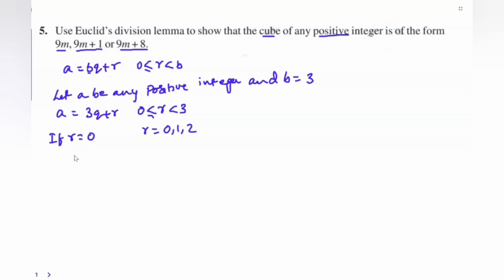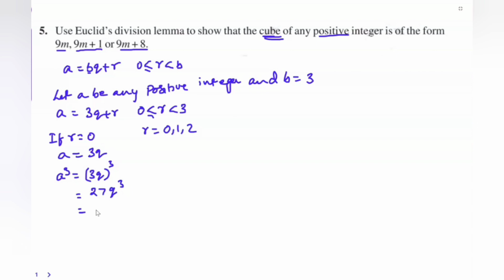If r is equal to 0, a will be equal to 3q. As we want the cube of any positive integer, let us cube it on both sides. a cube will be equal to (3q) whole cube, which you can write as 3q into 3q into 3q, which is 27q cube.